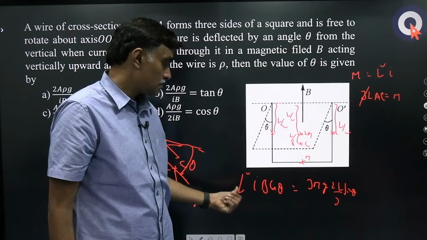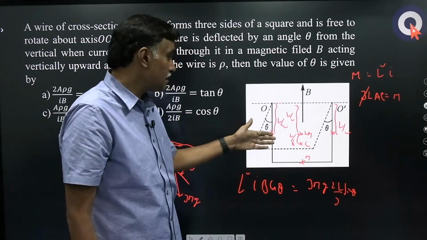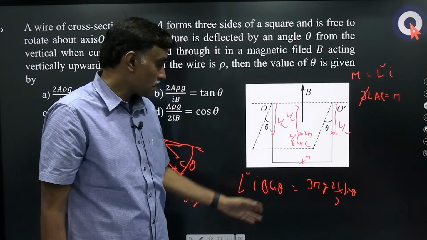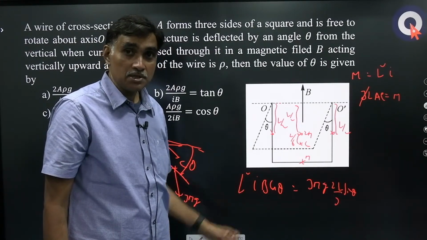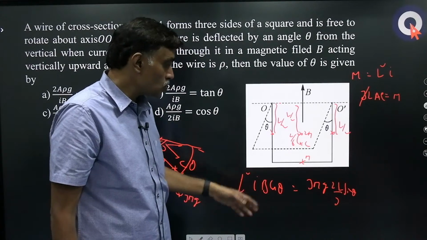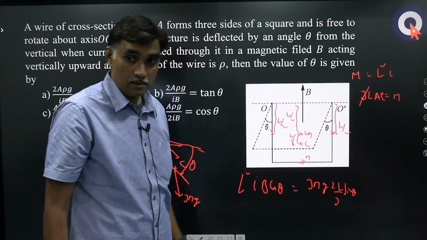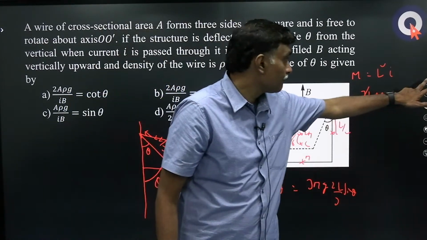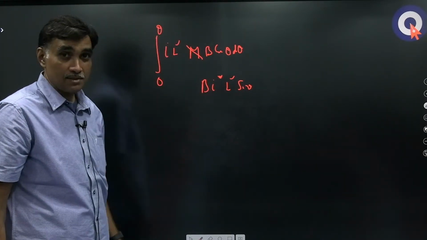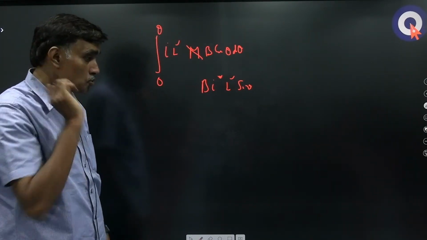What is torque? B I L square cos theta when the frame has rotated by an angle theta. That is torque. This torque you have to integrate with respect to theta to get work done from 0 to this angle. If I integrate, you will get this. This is work done by torque due to magnetic field.